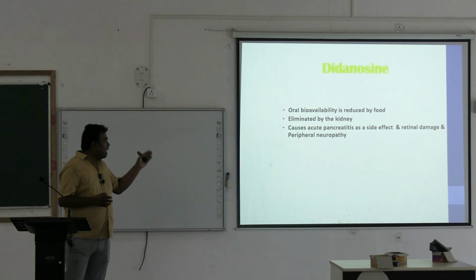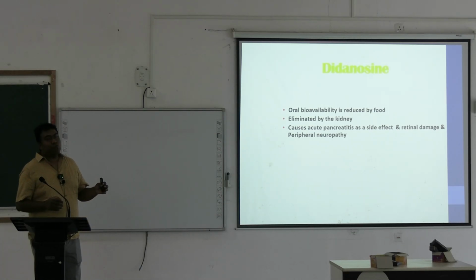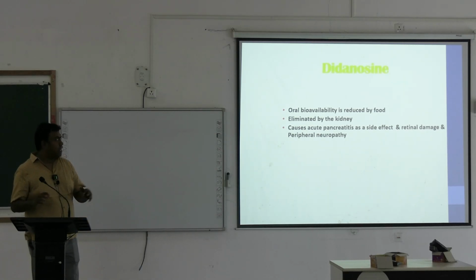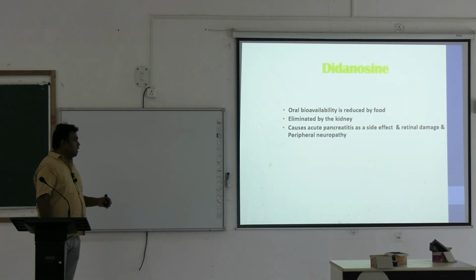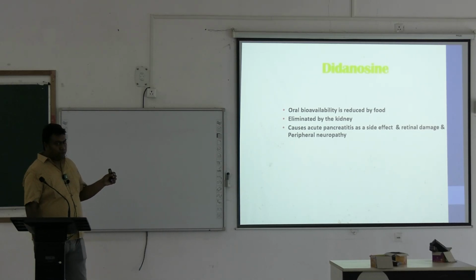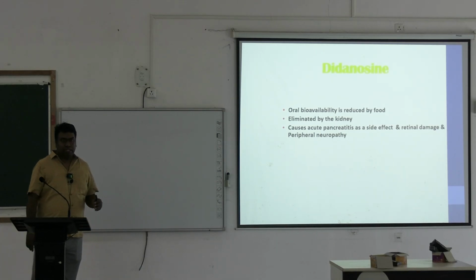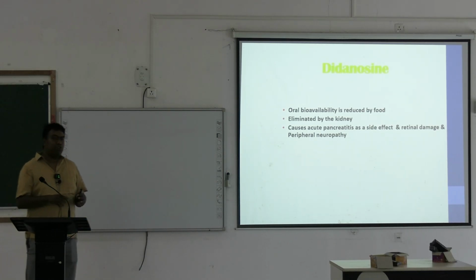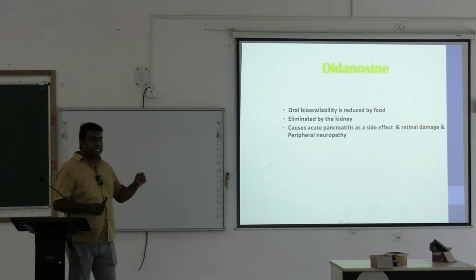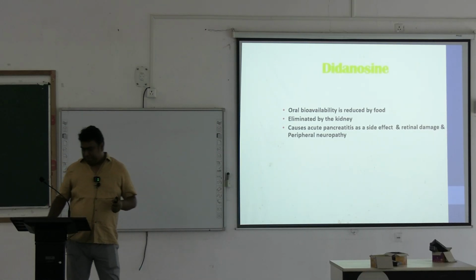There may be high amylase and lipase, which may be due to drug-induced pancreatitis from didanosine. It is the most important side effect. Other than that, retinal damage and peripheral neuropathy are among the other side effects of didanosine.